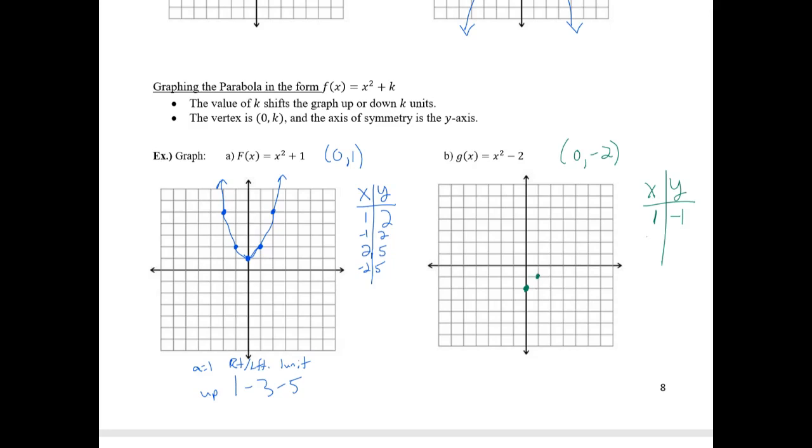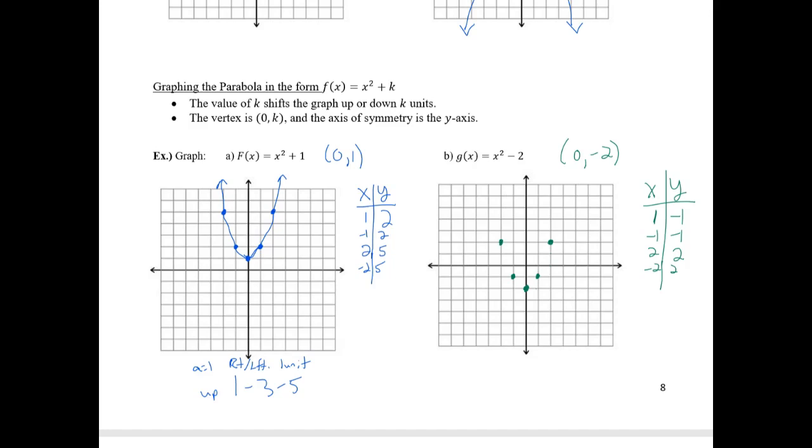And it's going to be symmetrical, so I could also go back 1, down 1. And then, same thing, keep going. I'm going to pick 2. 2 squared is 4. 4 minus 2 is 2. So over 2, up 2. And it's going to be symmetrical, so I could also go back 2 and up 2.